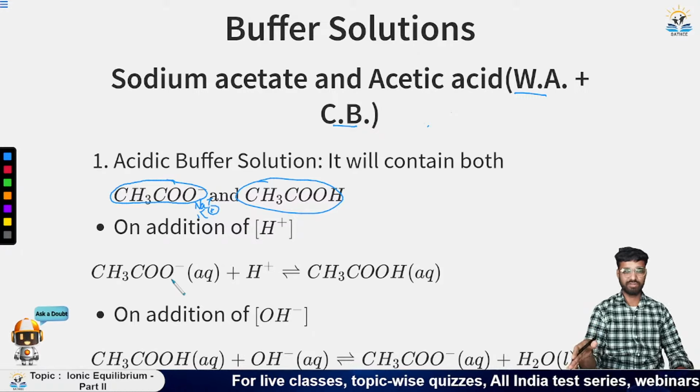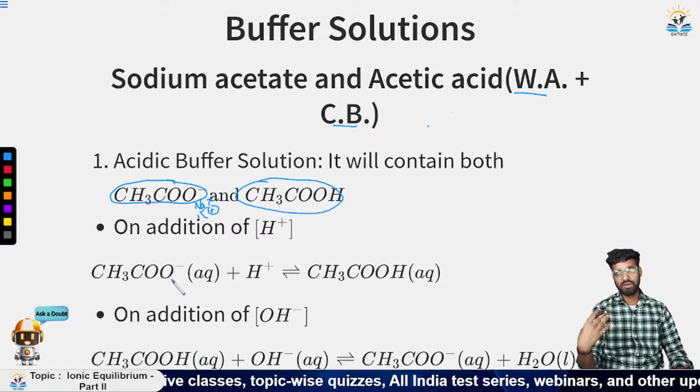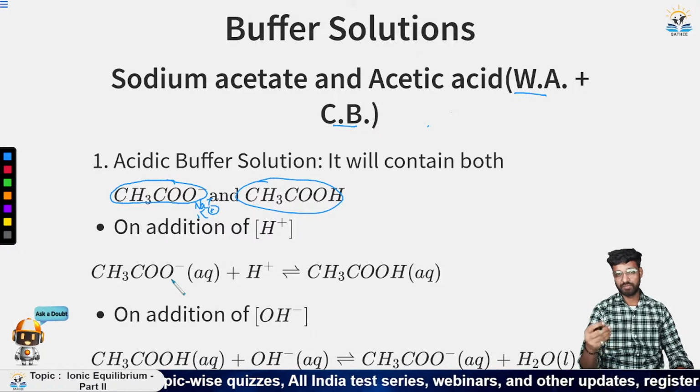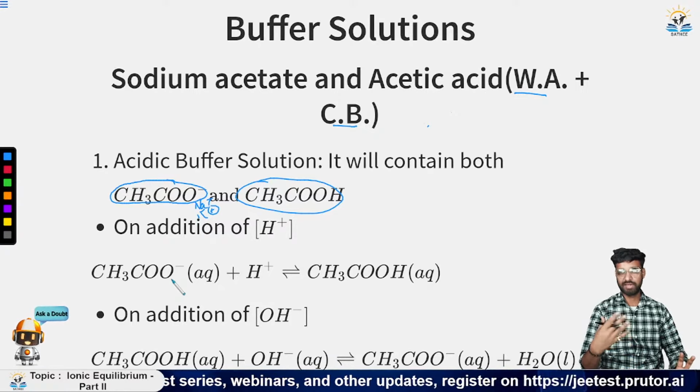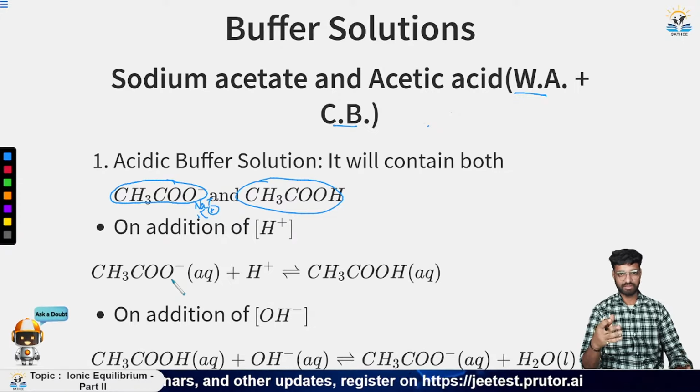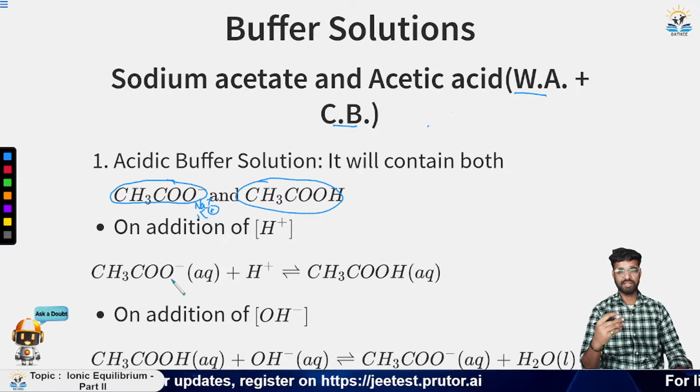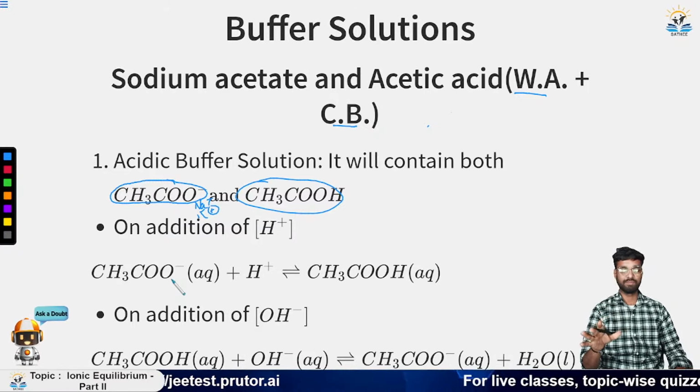So it is an acidic buffer solution, because the nomenclature of the buffer depends on which acid we take as the weak one. Suppose we are taking acetic acid as the weak acid, so it will be an acidic buffer.